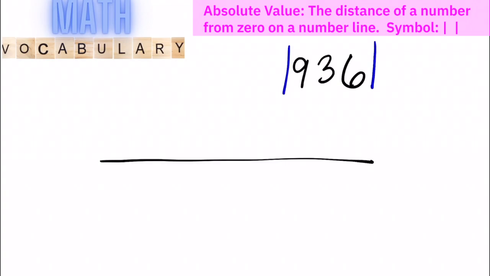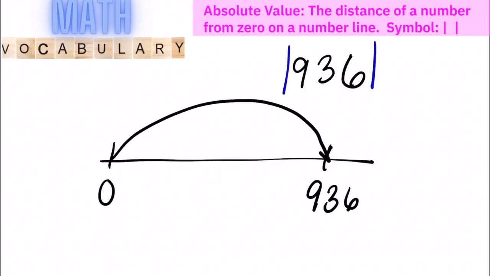That means I want to know how far is that number from 0. So all you can think about is, if you put this on a number line, what is this distance? And if I wanted to get to 0, well, it's 936 away from 0. So that is its absolute value, 936.